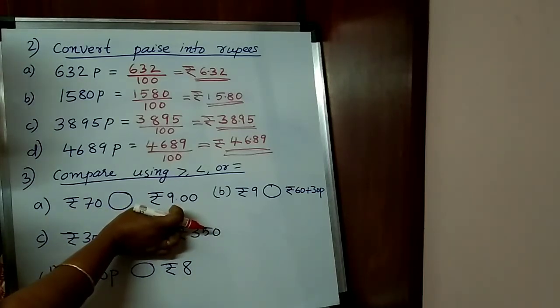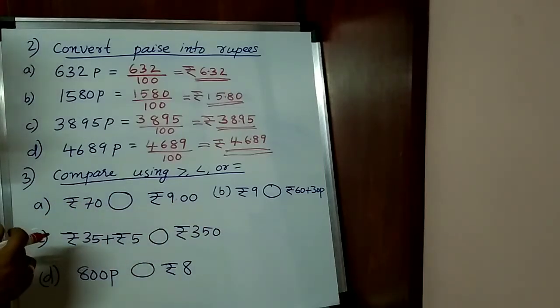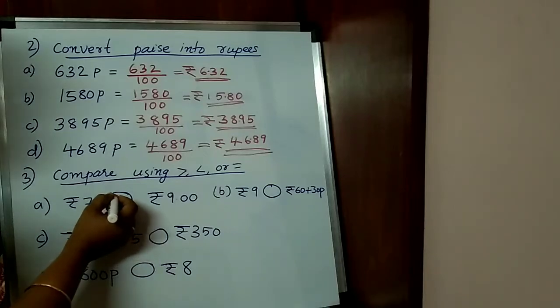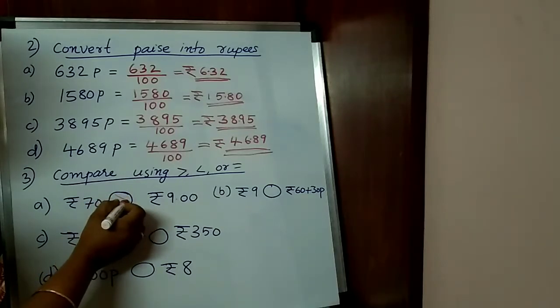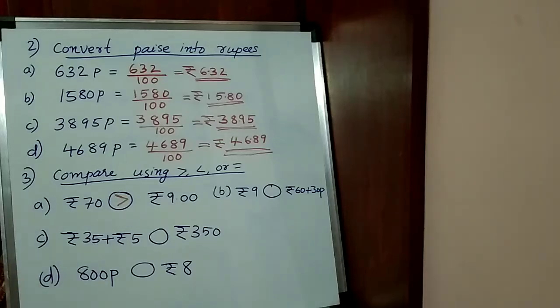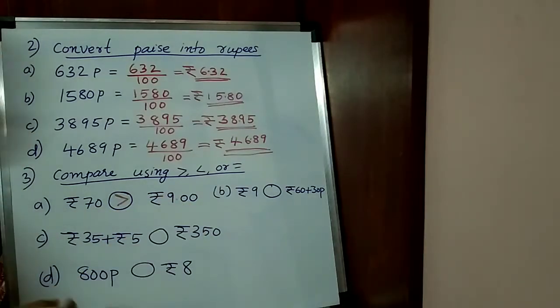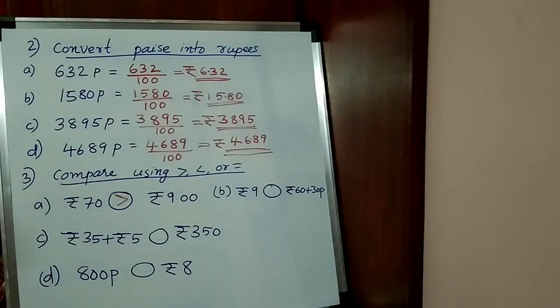Here what is the whole number part? 9. 9 rupees. Which is greater, 9 rupees or 70 rupees? 70 rupees is greater. So you put the symbol. Which symbol? Open the mouth. This way you put 70 greater than which number? 9. That is not 900, it is 9 rupees.